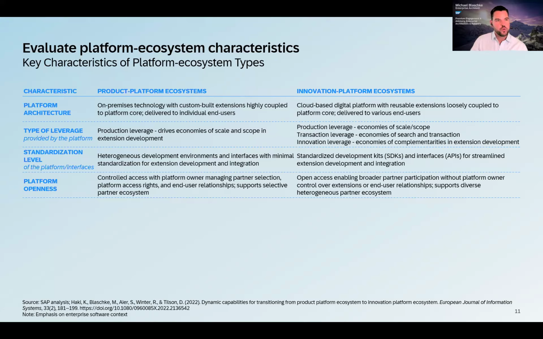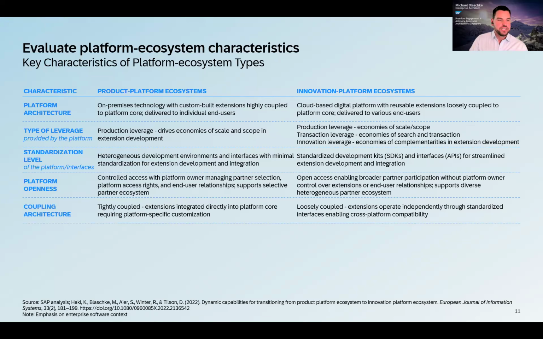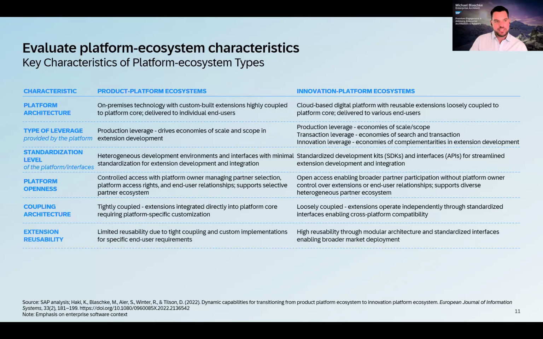Further ones to delineate these two platform ecosystem types would be the architecture adopted to enable coupling, that is tightly coupled versus loosely coupled. It's the reusability of extensions for your particular platform, which is limited in product platforms and highly reusable in innovation platforms.